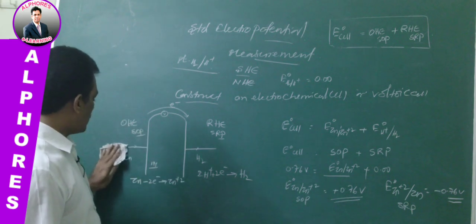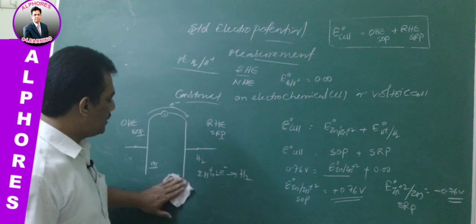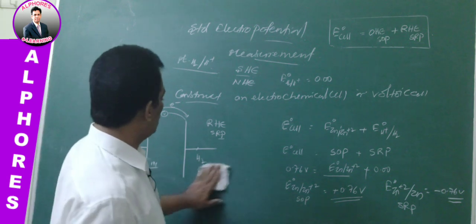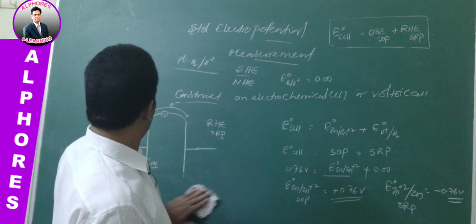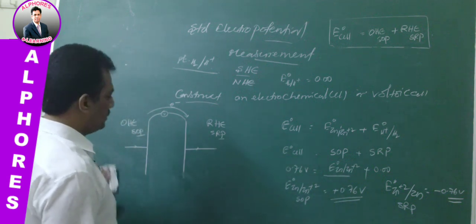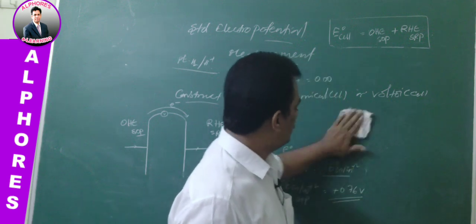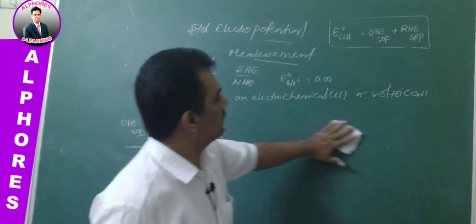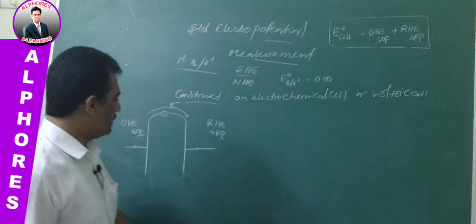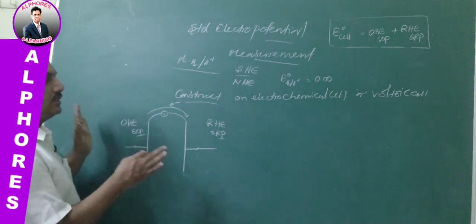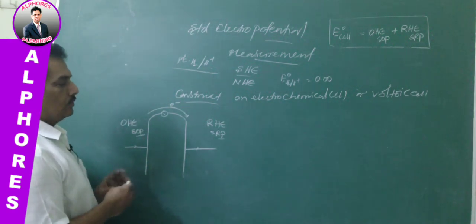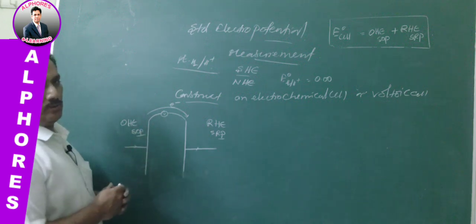In case we are considering copper, which is also well familiar to us because it is used for the Daniel cell along with zinc, again let us construct this electrochemical cell, that is nothing but a voltaic cell. Again the same scenario, a voltaic cell with copper and hydrogen.